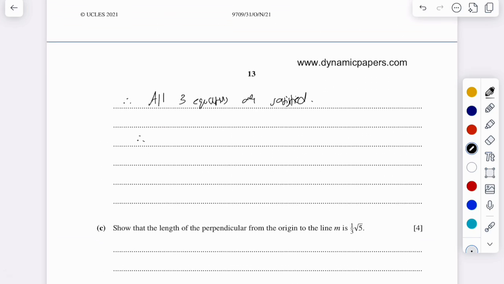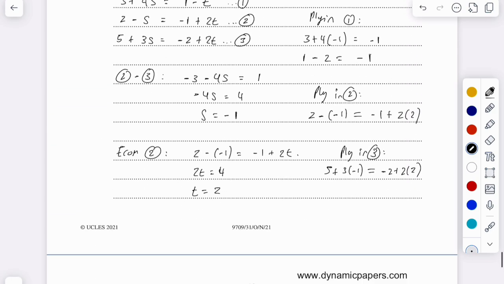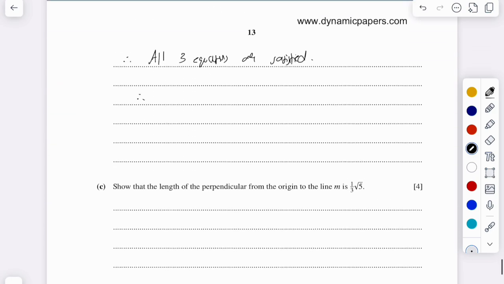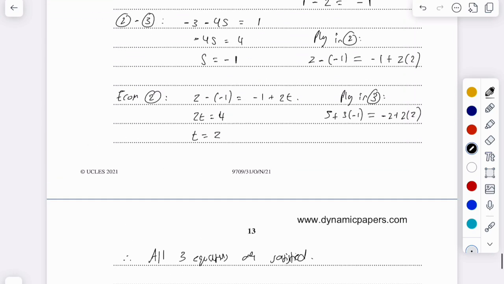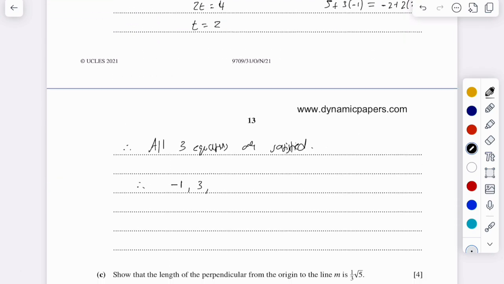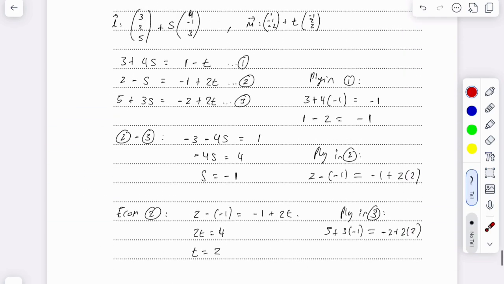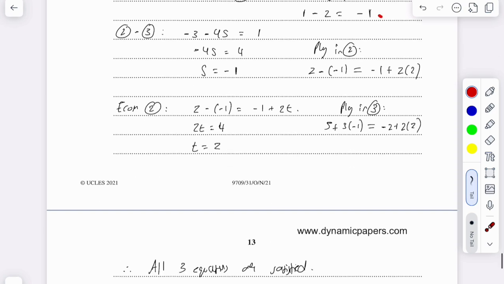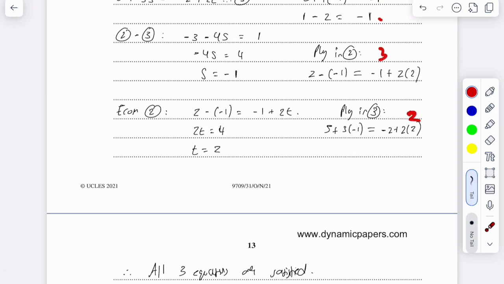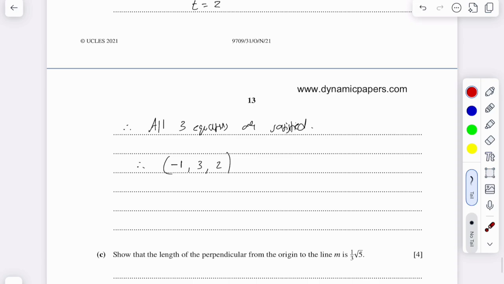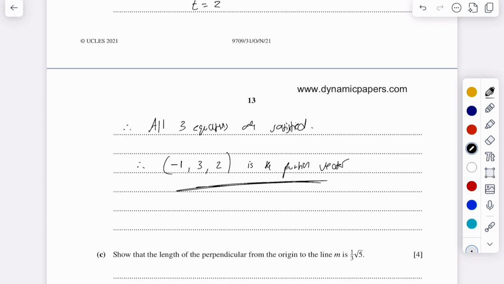Therefore, we've got 3 minus 4 equals minus 1, then it was 3, and 2. Because minus 1, this one gave us 3, this one gave us 2. And that's going to be the final answer to that question.